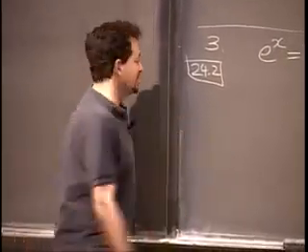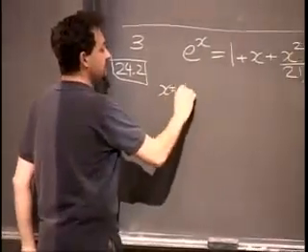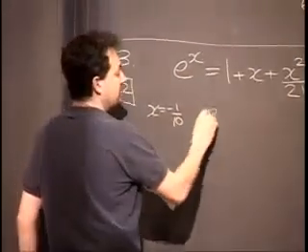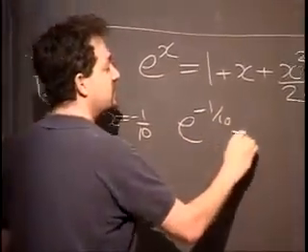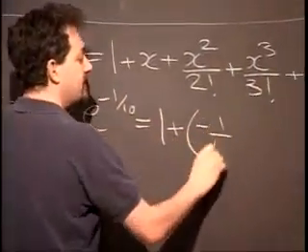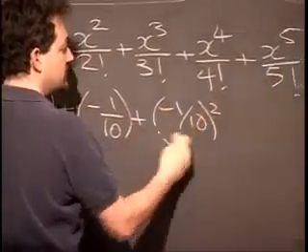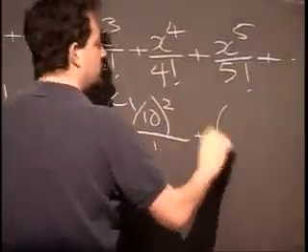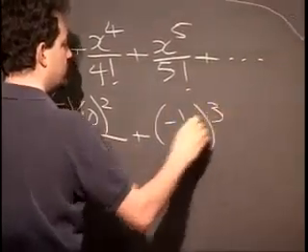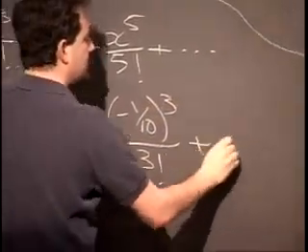What does it mean? Let's put in x equals minus a tenth again to get an equation. It says e to the minus a tenth is 1 plus minus a tenth plus minus a tenth squared over 2 factorial plus minus a tenth cubed over 3 factorial, and so on.